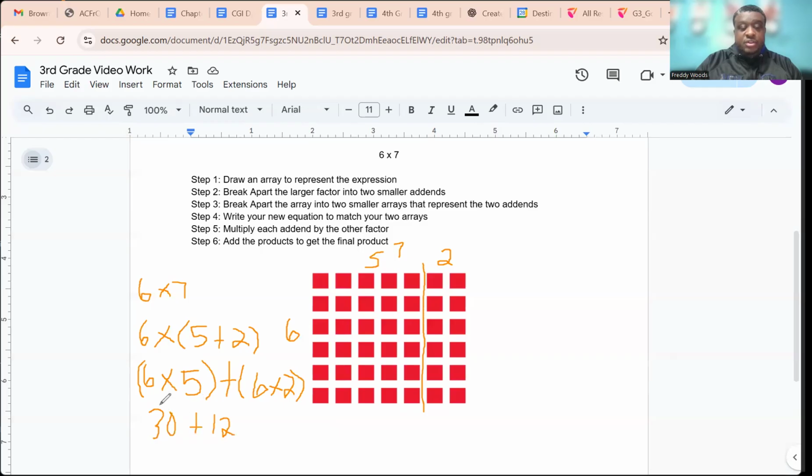So when I add 30 plus 12, I'm going to get my final answer, which is 42. So 6 times 7 equals 42.